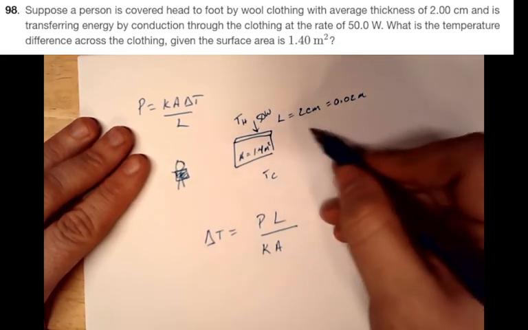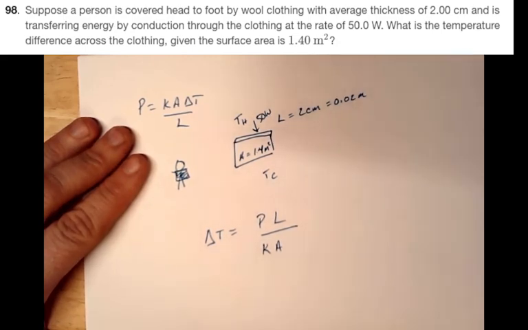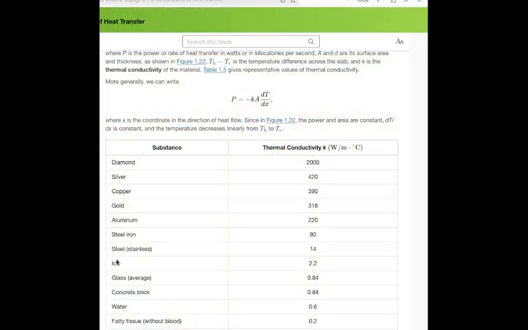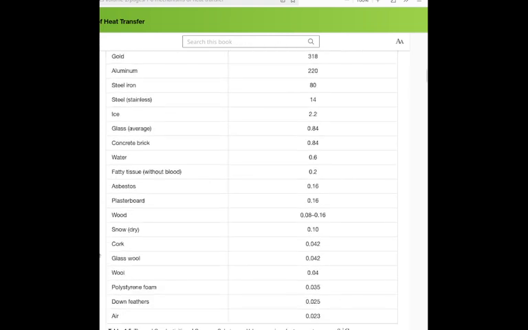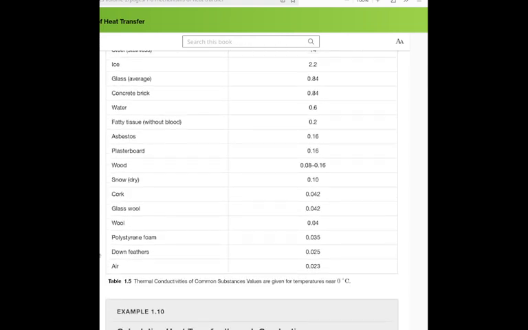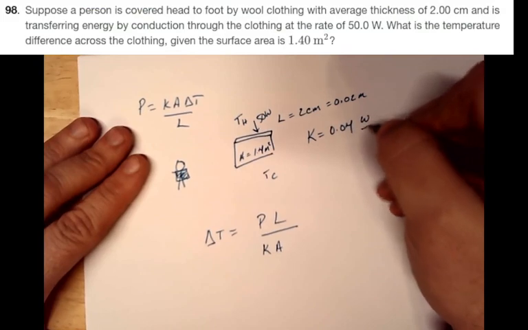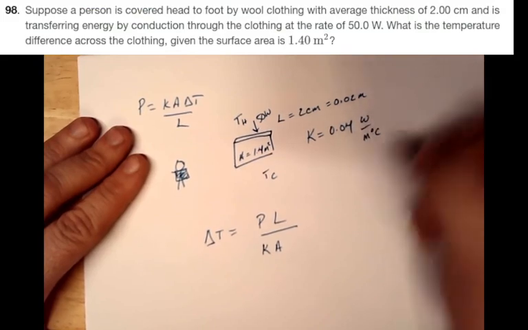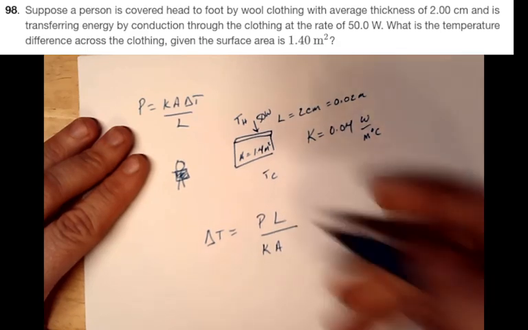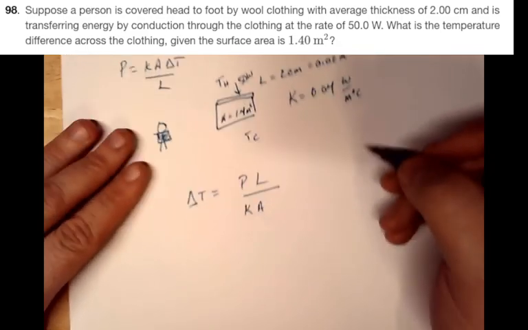Now one other thing we need here is a conductivity. If I go back to that lookup table, it goes on down through here, and we see wool is 0.04. So we'll have our wool is 0.04 watts per meter degree Celsius. And now we have everything. We can plug in everything that we need.